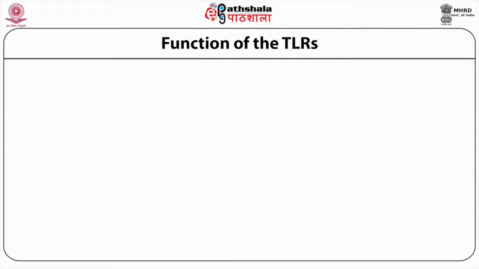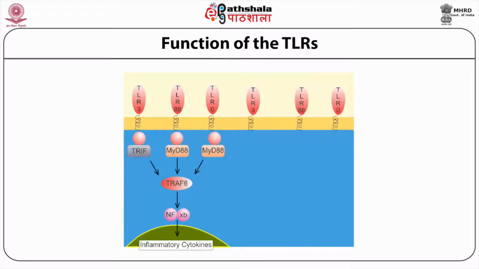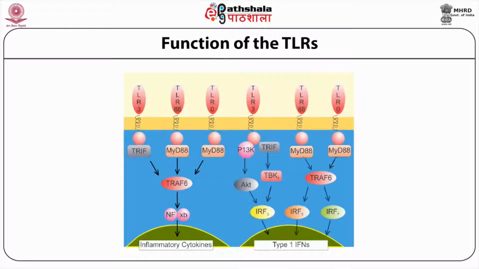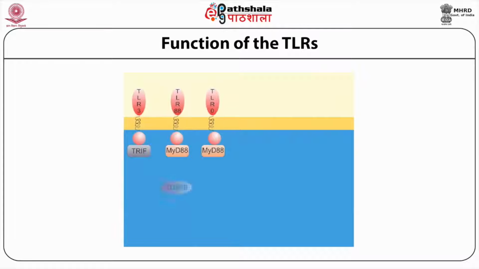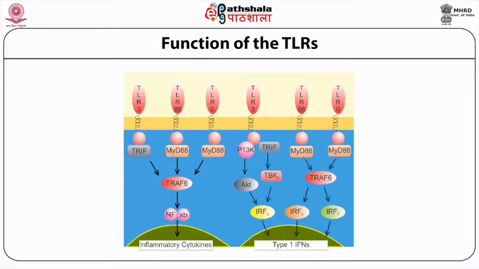Let us briefly look at the function of the TLRs. How do these toll-like receptors function? What basically happens is that upon binding to the ligands on the pathogen, they act as a receptor for these ligands.